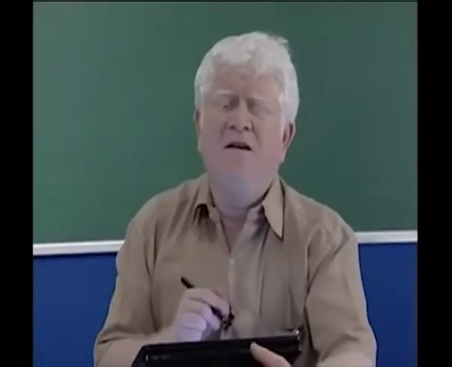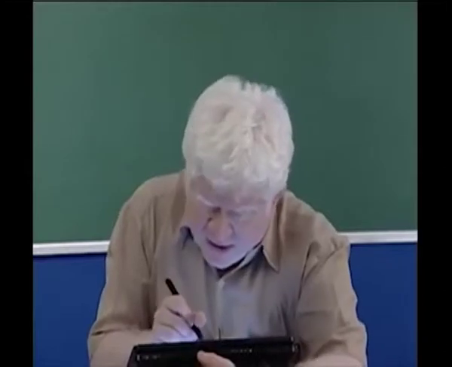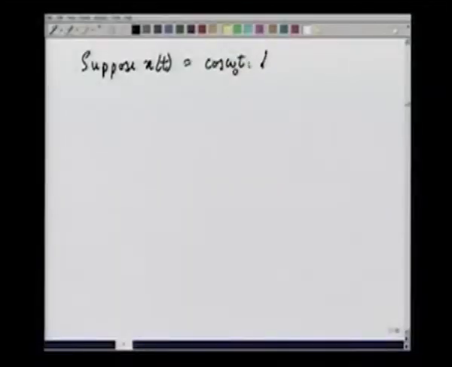Let us take examples. Suppose x(t) equals cos omega naught t. Now, this is the x(t) that I have. The preserved class that contains this x(t) would be beta cos omega naught t, going by the same notation.